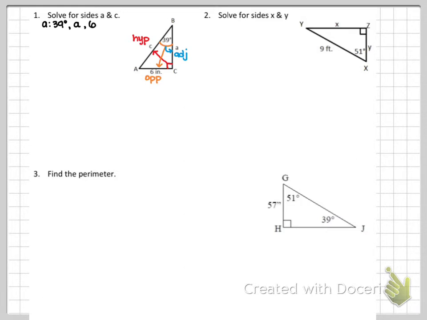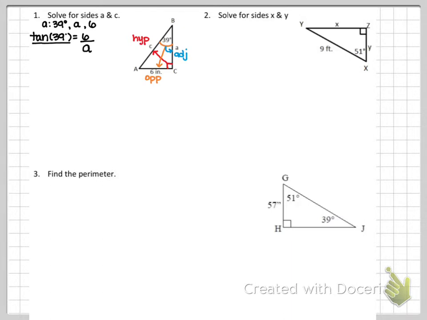So just identifying those things, it looks like I am using the adjacent and the opposite. Well, opposite and adjacent is tangent. So I'm going to do tangent of the angle, 39, is equal to opposite, which in this case is 6, over adjacent, which is A.